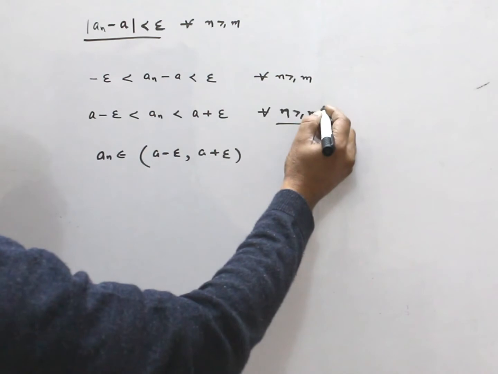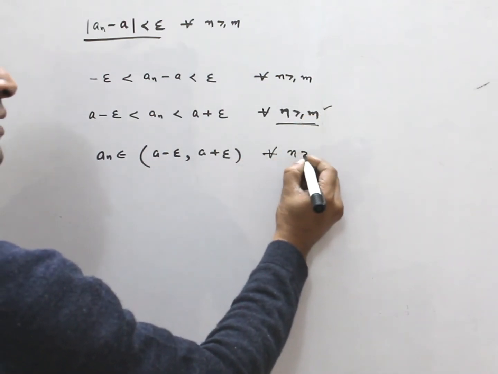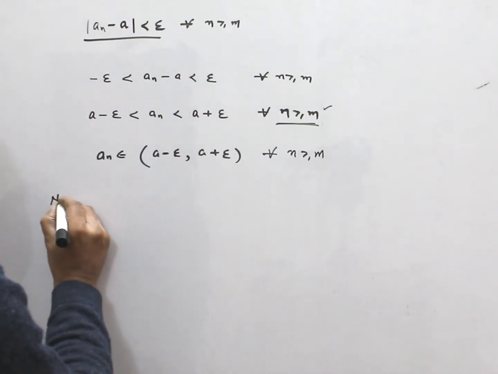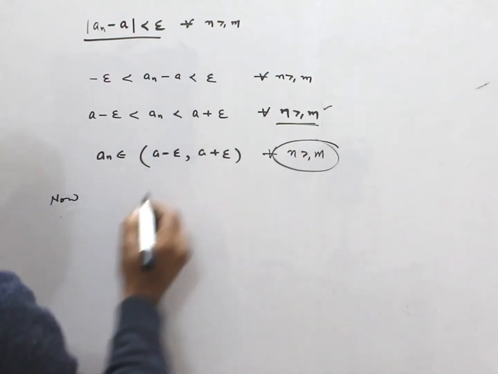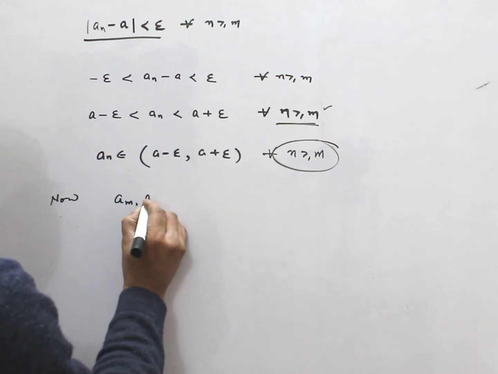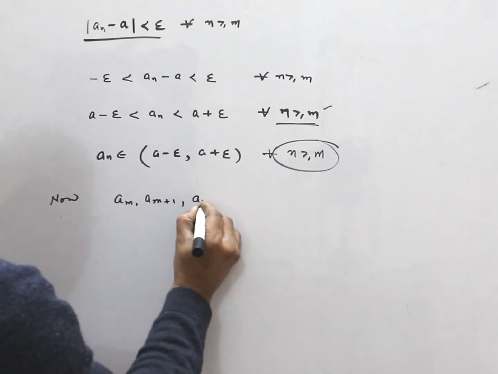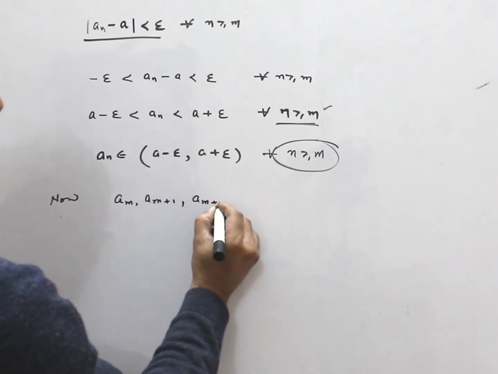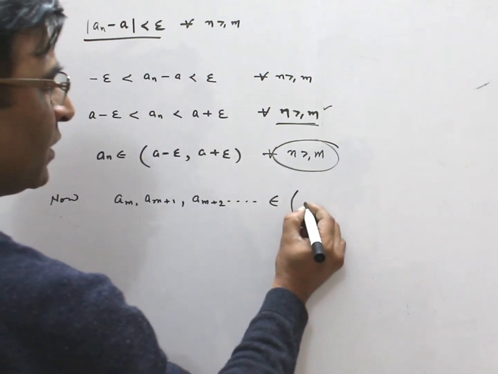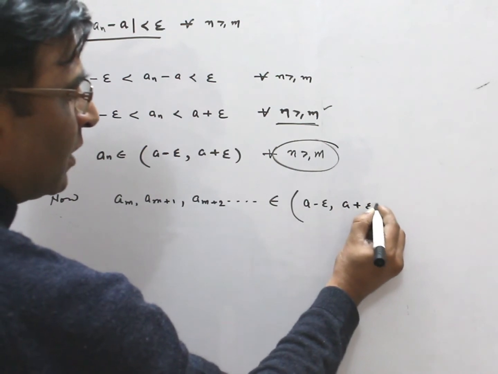That means I remove the earlier terms. So aN plus 1, aN plus 2, and so on belong to the interval a minus epsilon, a plus epsilon.